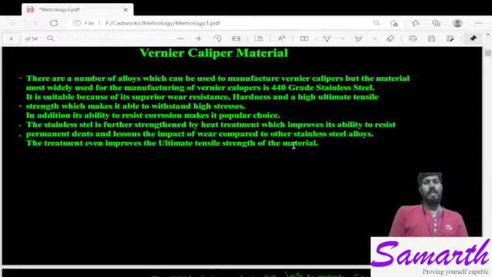Even though it has earlier a higher hardness or tensile strength, after the heat treatment, let us say hardening or annealing, any type of heat treatment which is employed there, it again improves its tensile strength.